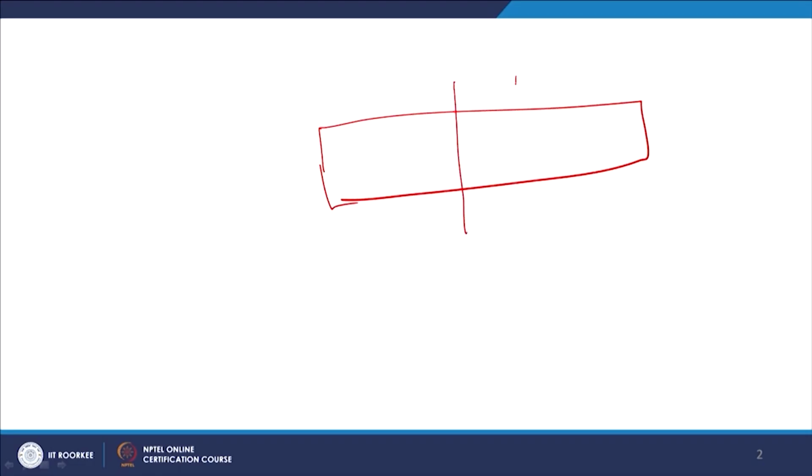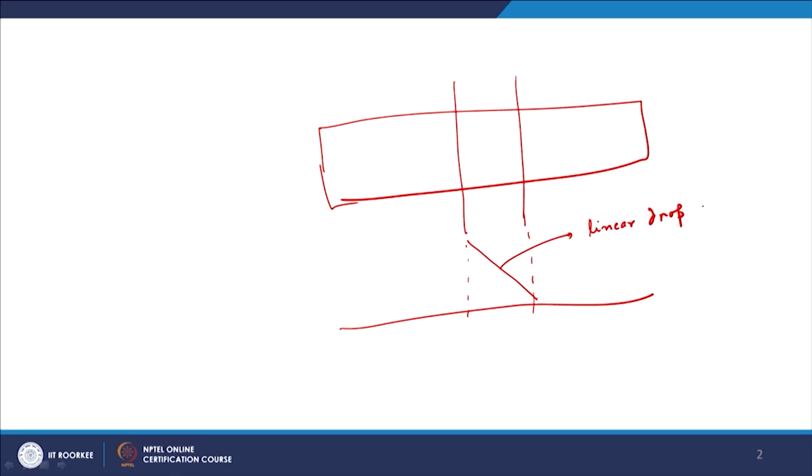We have also seen that for an NPN transistor, if you plot the minority carrier concentration in the base region, it falls almost linearly.